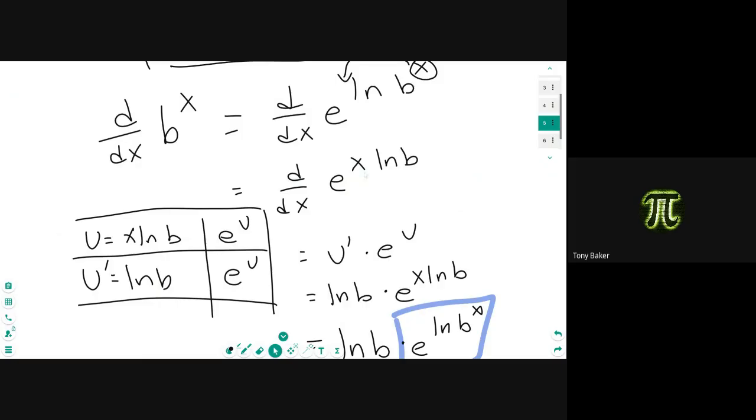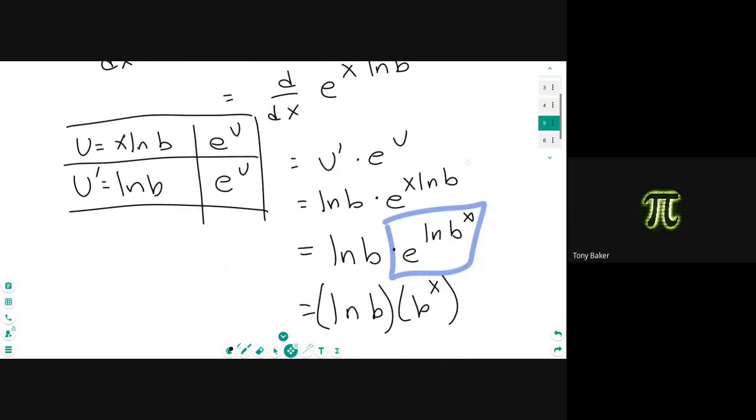So in essence, I worked through that whole process to find the derivative of that, and then I replaced it back with the original statement, which is b to the x. So instead of finding the derivative of the side I couldn't do, I found the derivative of the side I could. Or in essence, I rewrote it into a way that I could.